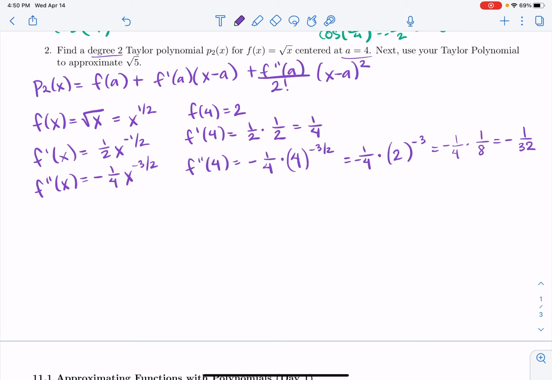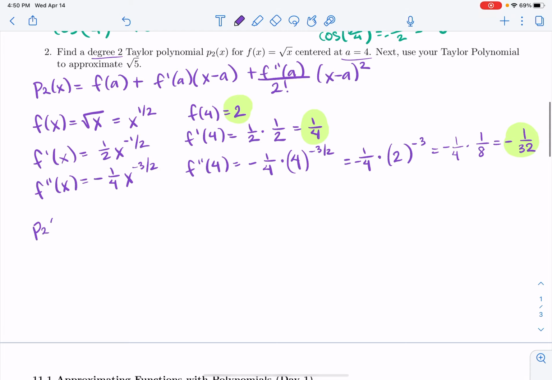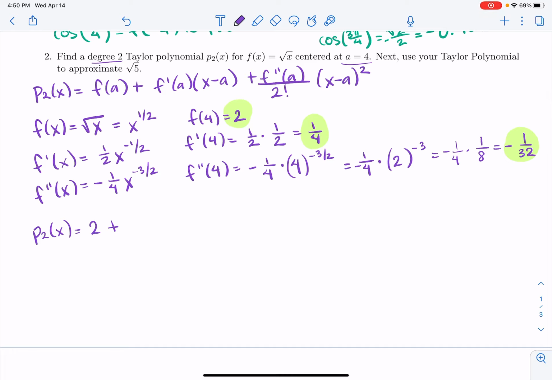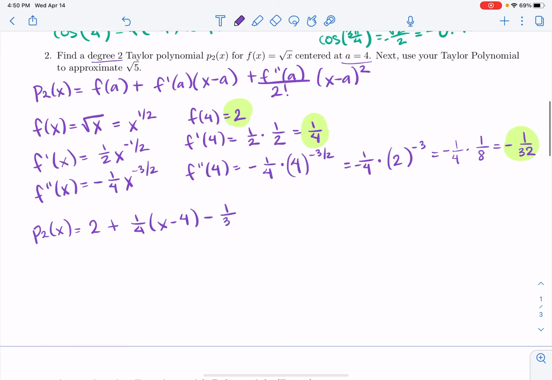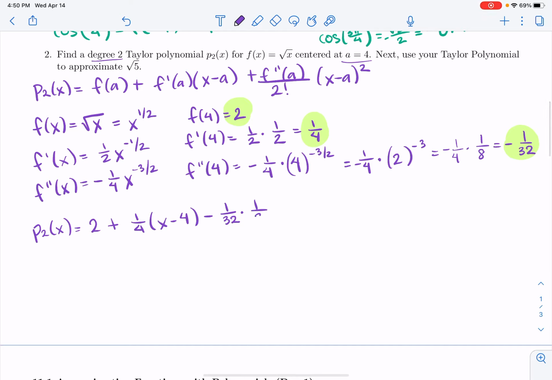All right, so there's our coefficients, right? We got our 2, a 1/4, and a minus 1 over 32. And we plug it into P2 of x. P2 of x is equal to 2 plus 1/4 times x minus 4 minus 1/32 times 1/2 times x minus 4 squared.